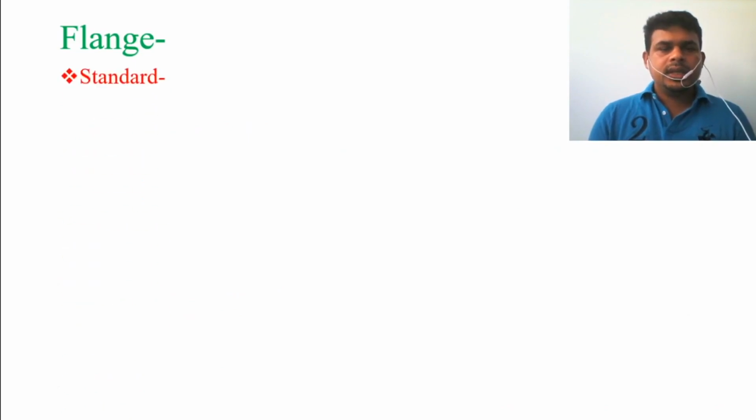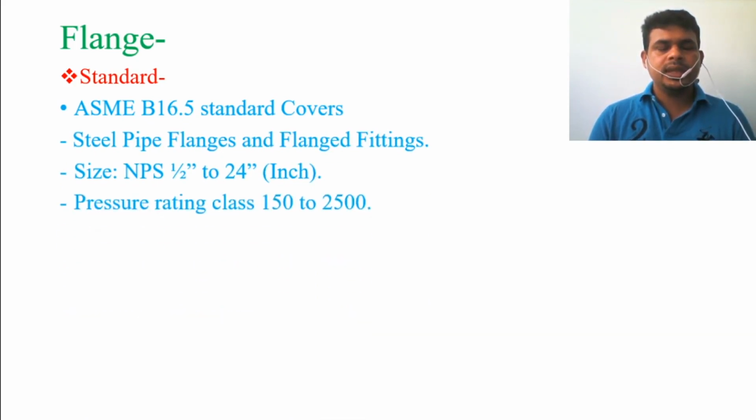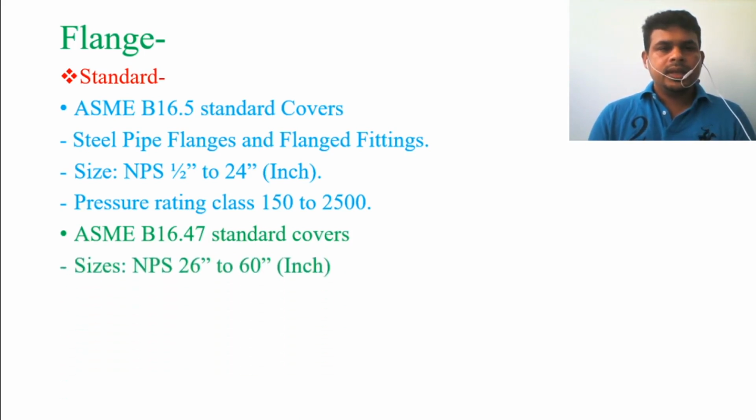Then standards. For flanges, what standard are we going to use? ASME B16.5 standard covers steel pipe flanges and flange fittings, nominal pipe size 1/2 inch to 24 inches and pressure rating class 150 to 2500 pounds. Then the ASME B16.47 standard covers sizes above 24 inches, that means NPS 26 inches to 60 inches.